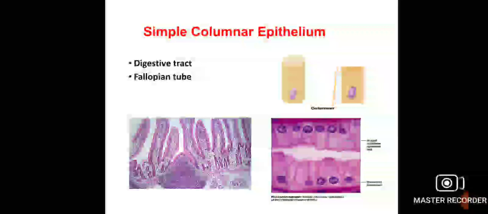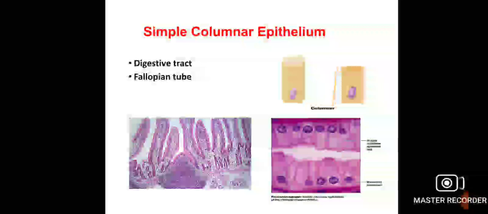Okay, for example, they are present in the digestive tract, mainly the stomach, duodenum, jejunum, ileum, rectum, colon. They are all lined by the simple columnar epithelium. Okay, again they have goblet cells and microvilli. I will tell you about that in the upcoming lecture.